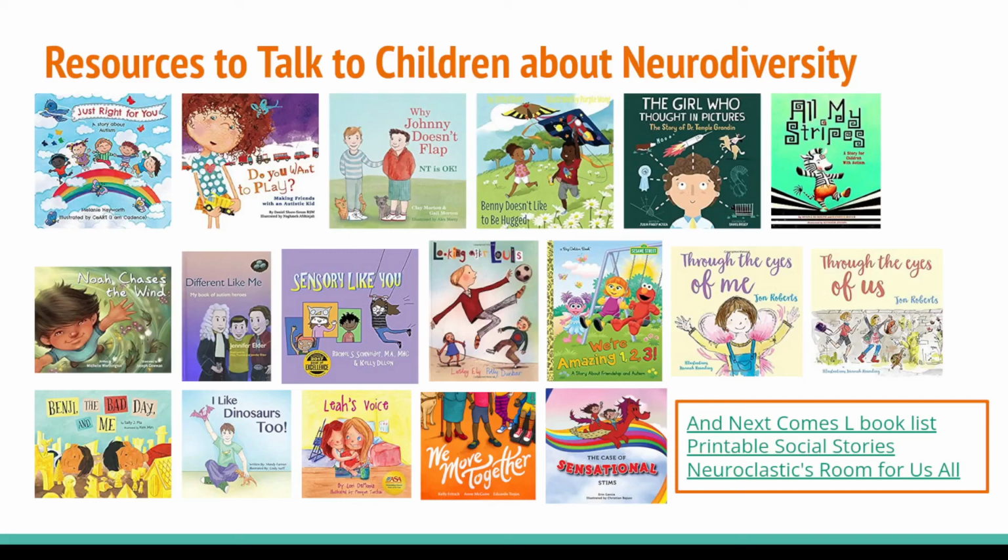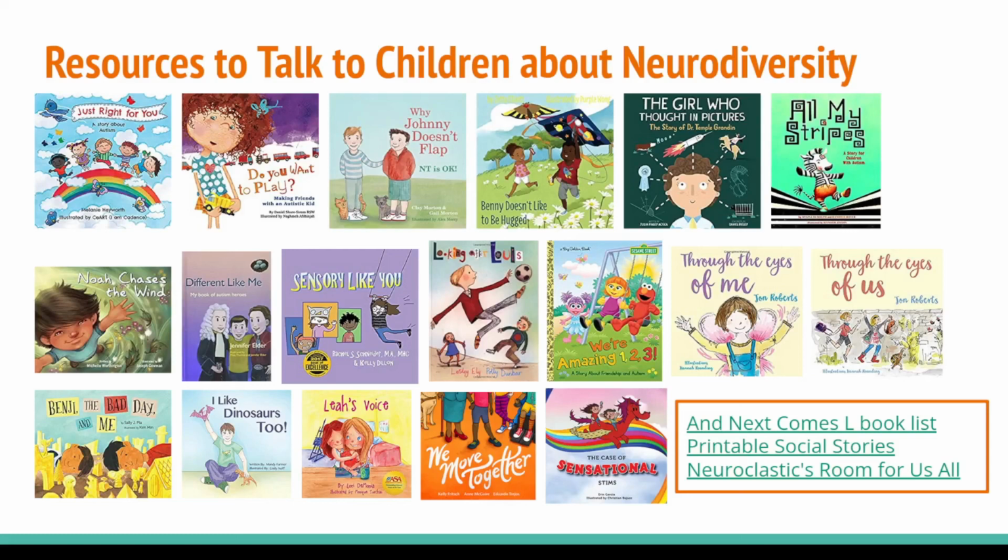Printable social stories. There's a lot of really great social stories on Neuroclassic's website that talk about different communication styles, that talk about different ways people regulate and learn. So those are all really good ways to start talking about neurodiversity to children. A lot of the resources on this slide in particular are good for young children, but there are some nice resources for a little bit older kids or older students.